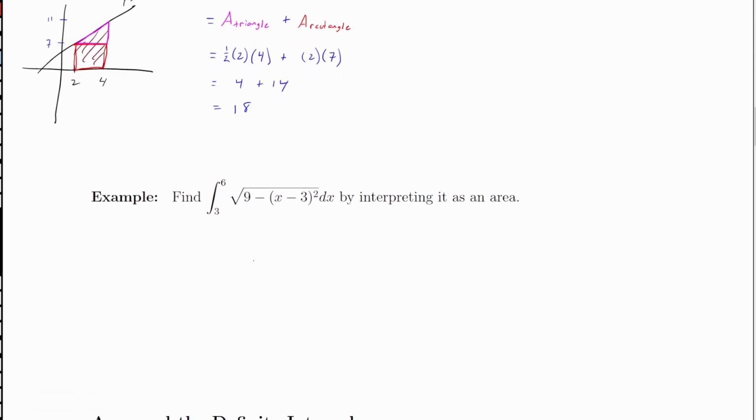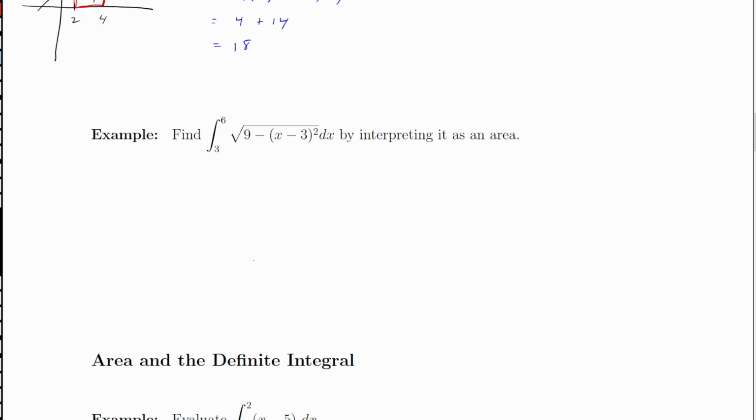For this next example, I want to find an area that matches up with this integral, and I have to recognize that x squared plus y squared equals r squared is the equation of a circle centered at the origin. (x minus h) squared plus (y minus k) squared equals r squared is a circle that is centered at the point (h, k). Okay.